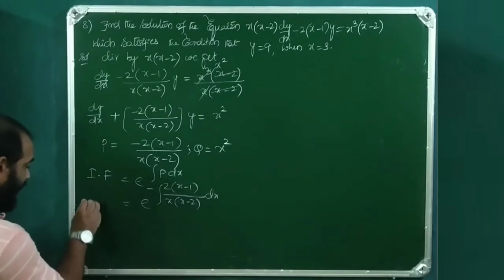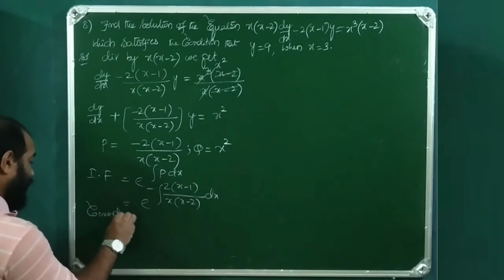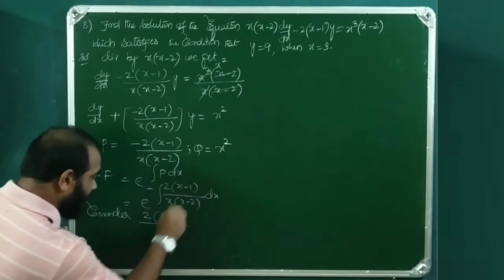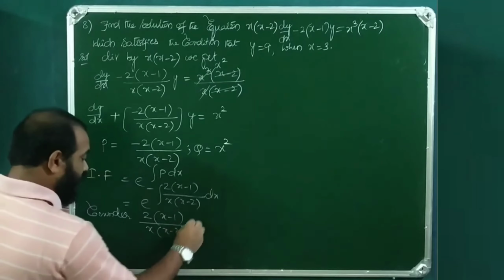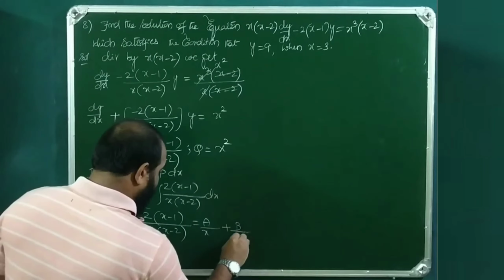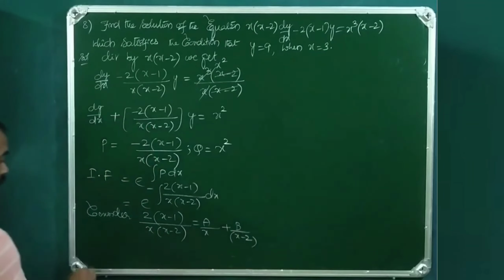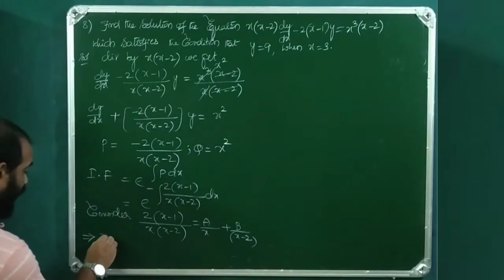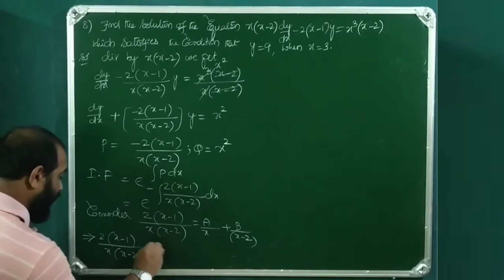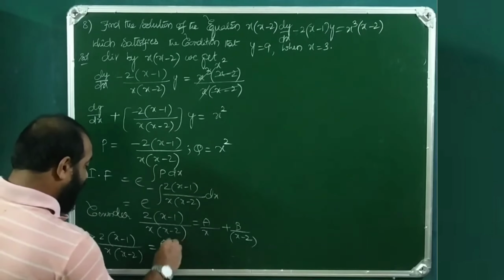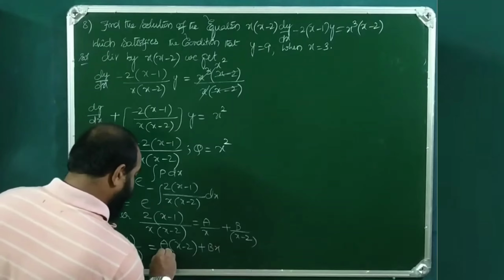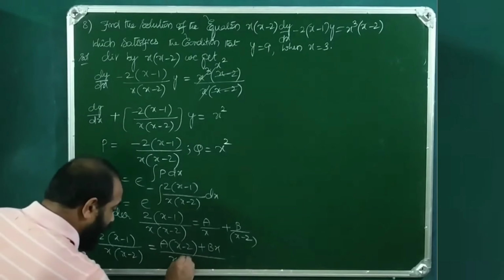So let us do that. Consider 2 into x minus 1 by x into x minus 2. This is equals to a by x plus b by x minus 2. So this is equals to a into x minus 2 plus b into x by x into x minus 2.